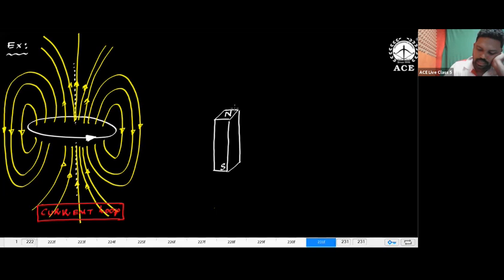So here the magnetic field is like this, from the north to the south.